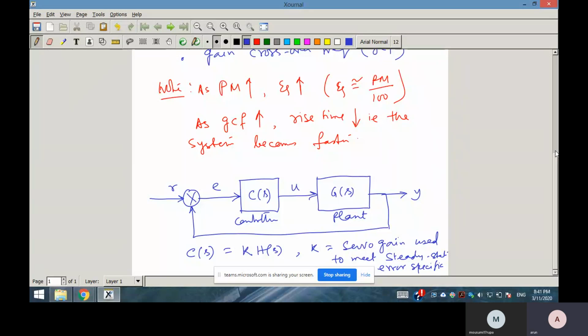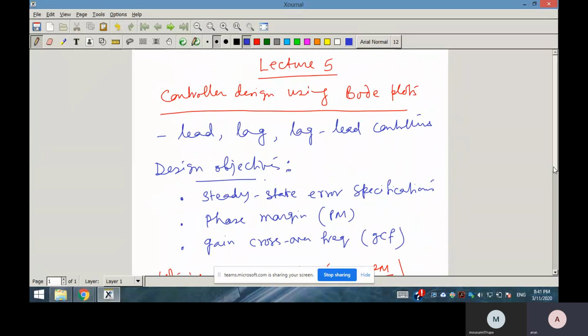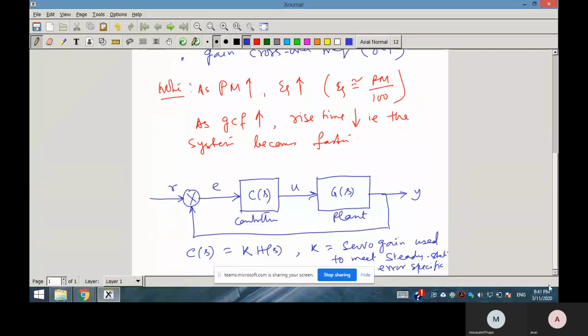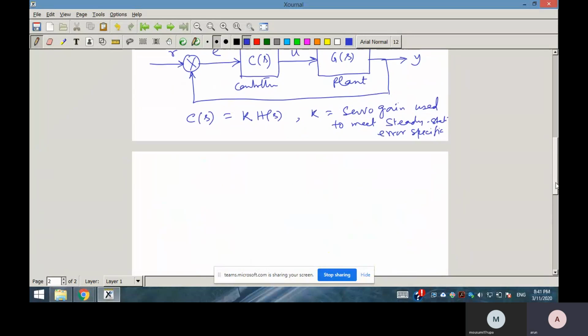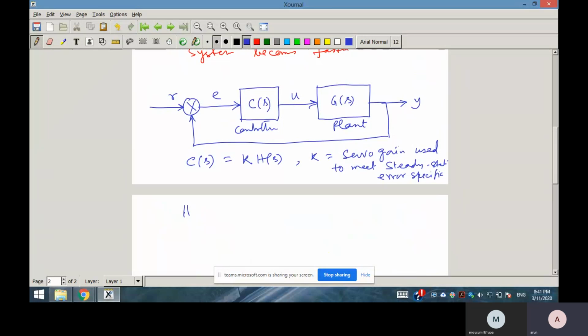And H(s) we will consider as a normalized controller. Normalized means steady state gain is 1.